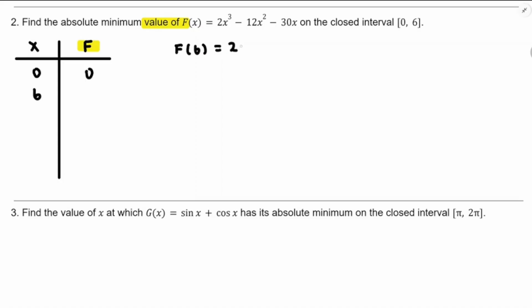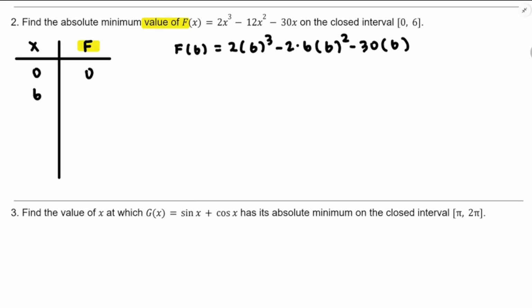So 2 times 6 to the third. Now, I'm pretty sure that's 16, but I'm not totally committed to that, but I see what's happening here with the arithmetic. Sometimes you gotta be careful, or not careful, creative with the arithmetic, right? So 12 is 2 times 6, x squared. And then minus 30x.